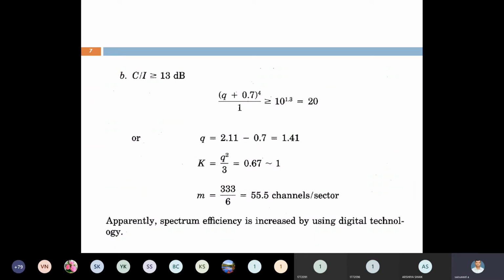From all of these examples, the spectrum efficiency is increased by using digital technology. That is, we are applying frequency shift keying in the FDMA technique. We are taking 2 different types of data rates, 60 kbps or 4.8 kbps, depending on the application. I'm taking examples of the omnidirectional antenna system, the directional antenna system with 120-degree sectoring, and the directional antenna system with 60-degree sectoring.